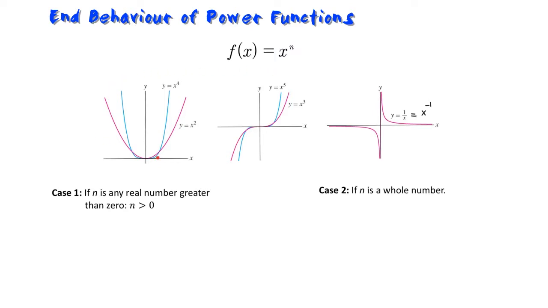In these four cases, 1, 2, 3, 4, we never got horizontal asymptotes because we always got infinite limits. However, when you look at this graph 1 over x, or simply x to the negative 1, you notice that the limit as x approaches positive infinity is finite, is 0.